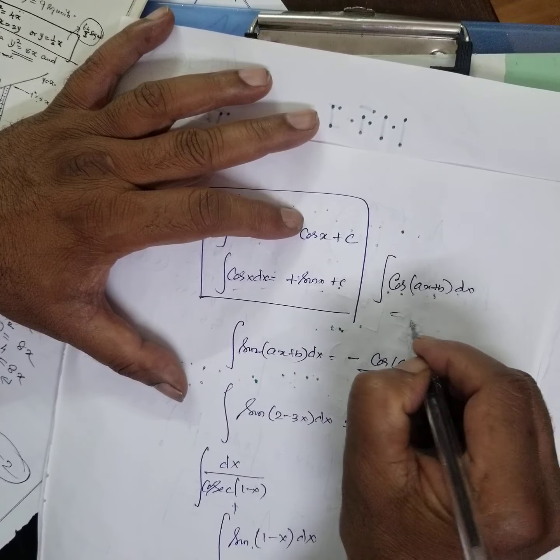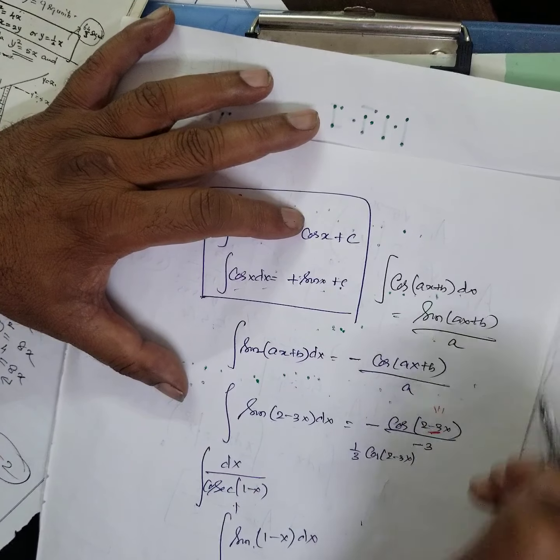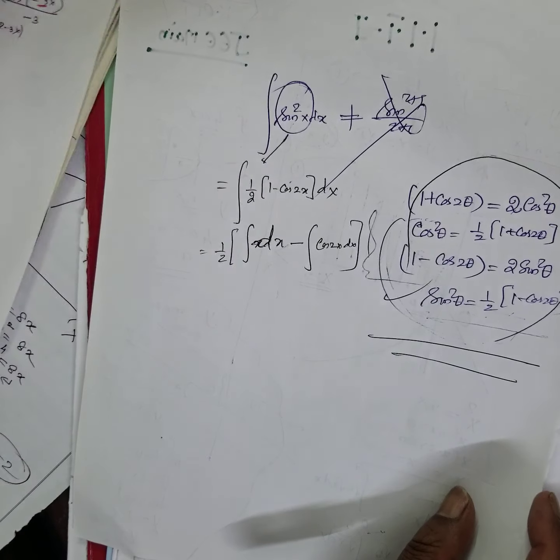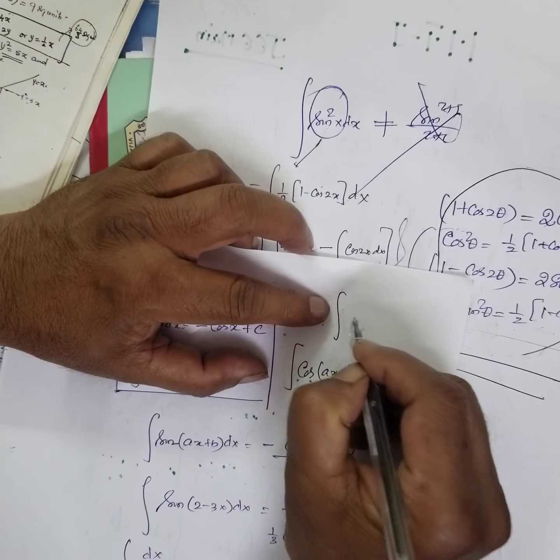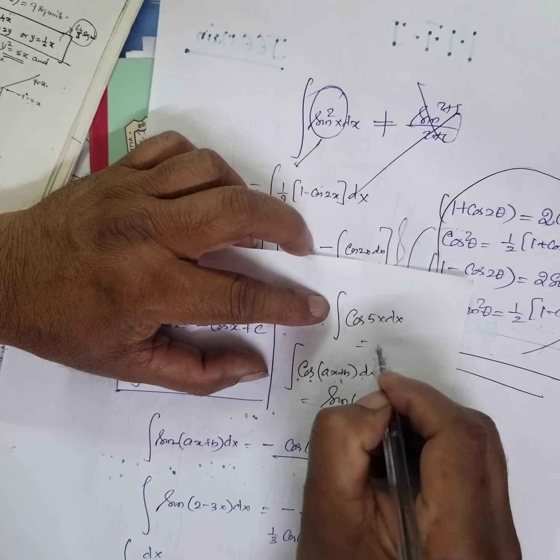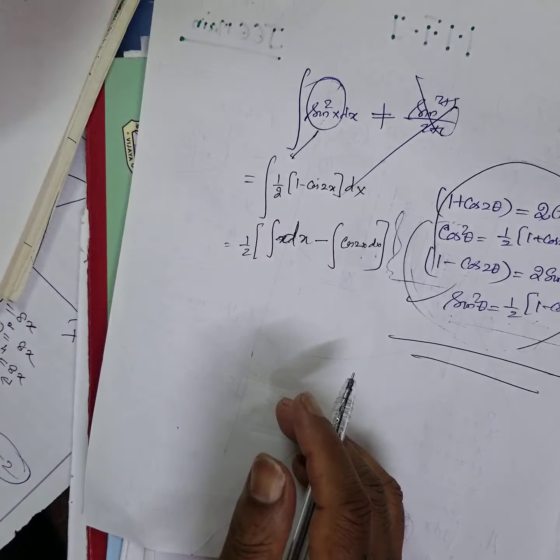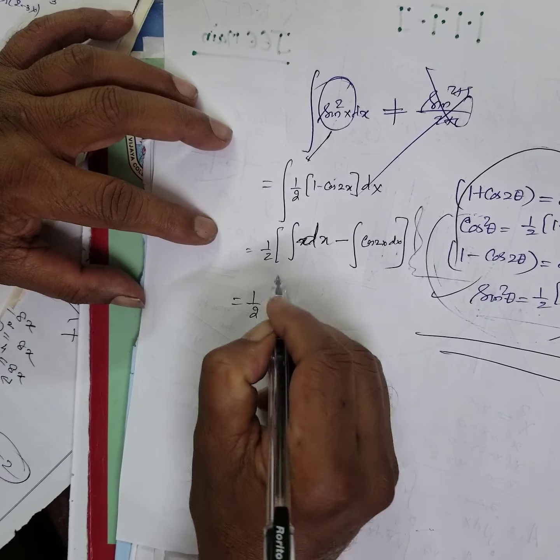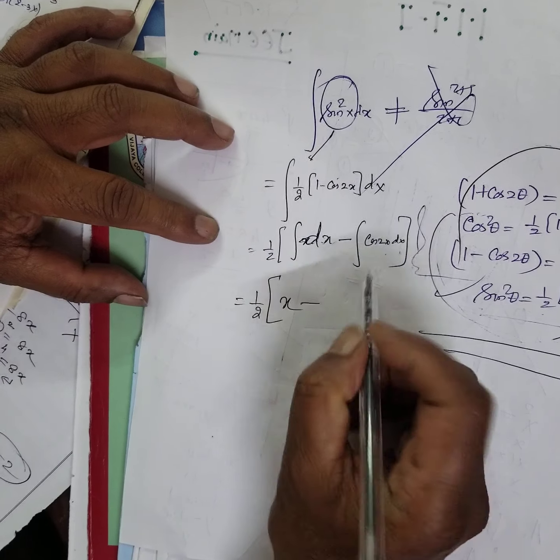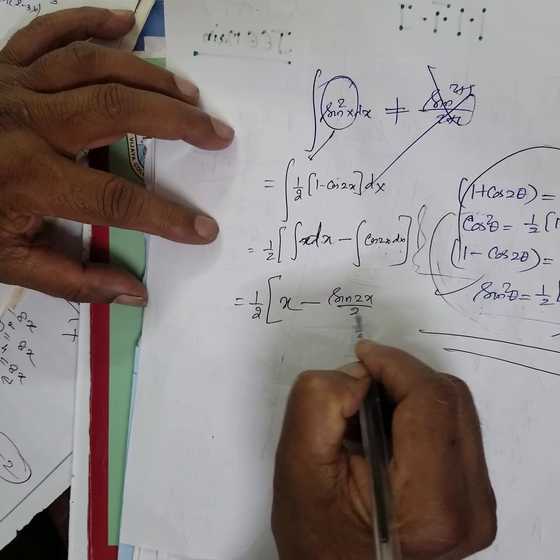Integration of cos is what? Sin(ax plus b) divided by the coefficient of x, which is a. Same thing here. If I write integration of cos 5x dx, what do I write? Sin 5x divided by 5. Therefore, half of integration of dx is x, minus integration of cos 2x, which is sin 2x by 2.